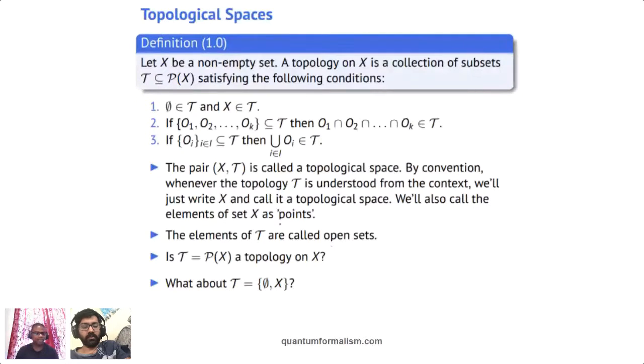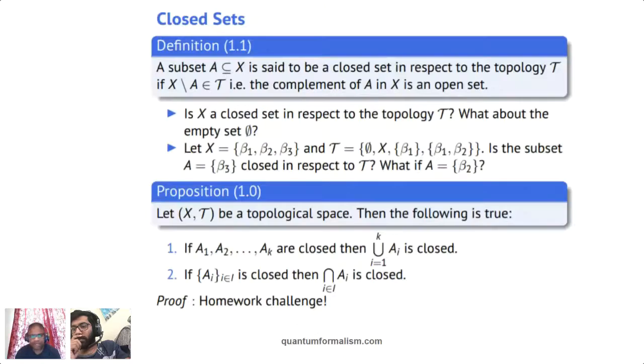But for the time being, let's just call them open sets. What I mean is the motivation for this will come when we get to the metric topology. So we have open sets.